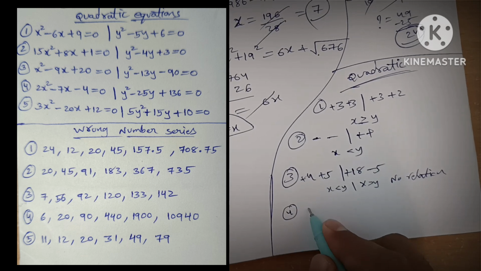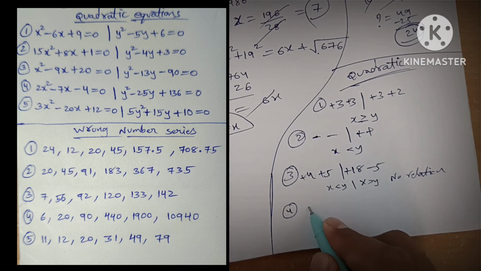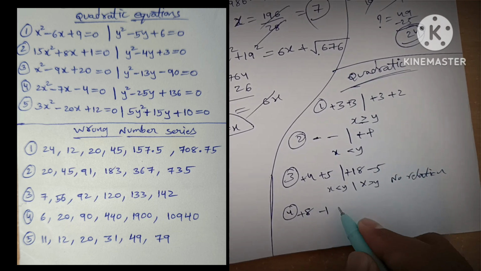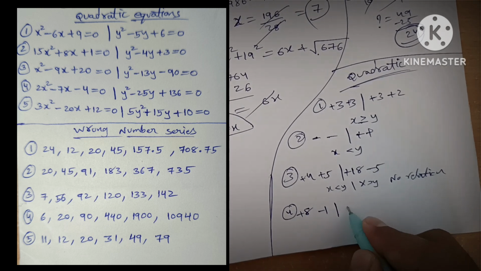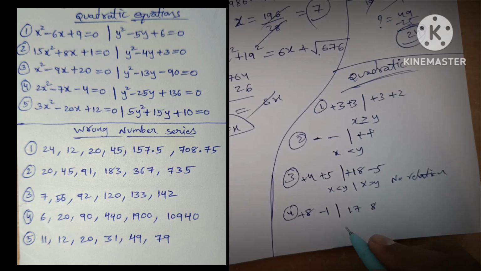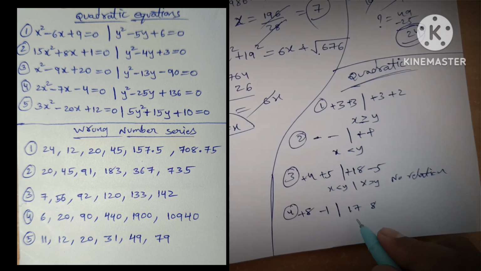Question number 4. 2x square minus 7x minus 4 equals to 0. 8 means 8 1 times plus 8 minus 1. And y square minus 25y plus 136 is equals to 0. Here 136, 17 times of 8. We must learn 20 into 20 tables compulsory for these quadratic equations to solve fast.